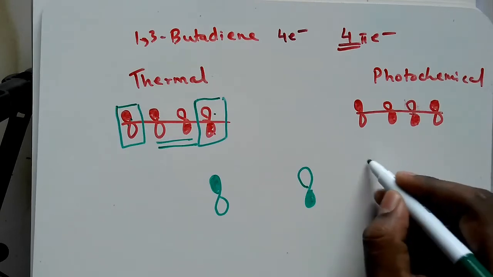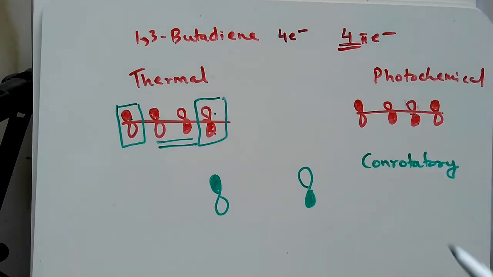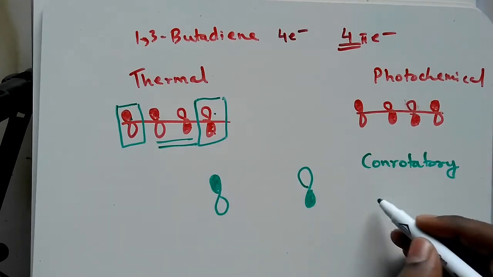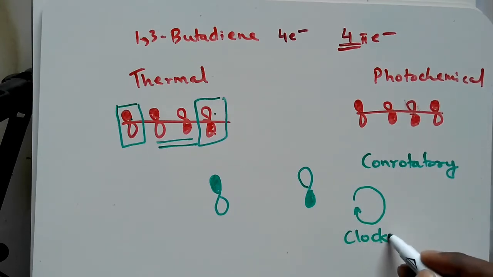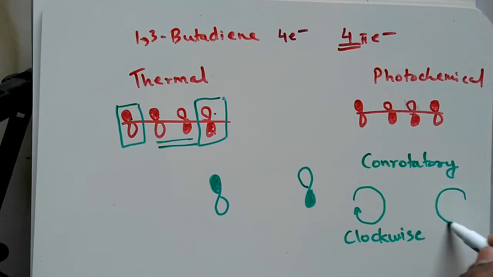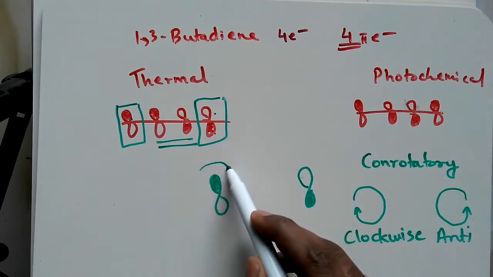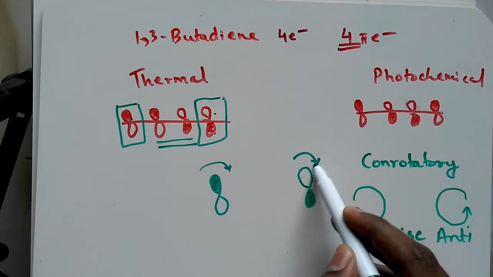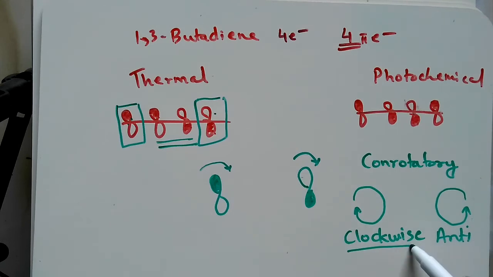Now, what is conrotatory? In conrotatory, the motions are the same. There are two motions. One is called clockwise, and the next one is called anti-clockwise. Suppose both of these lobes follow the clockwise direction. If they follow the clockwise direction, they will be called conrotatory.